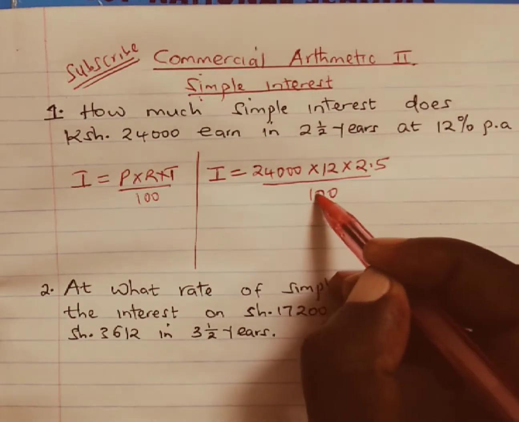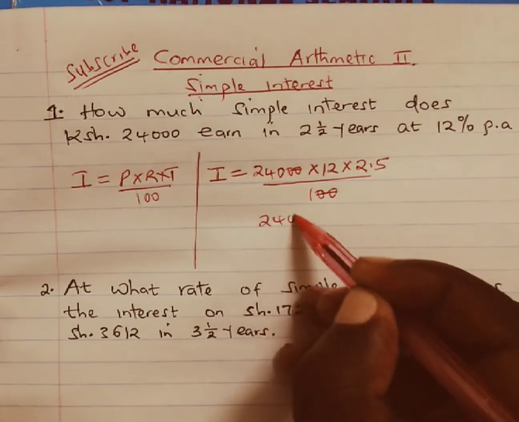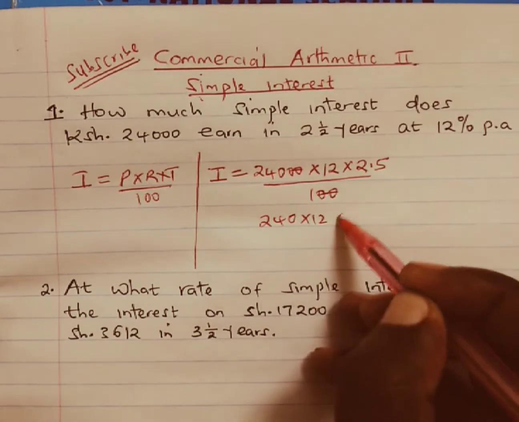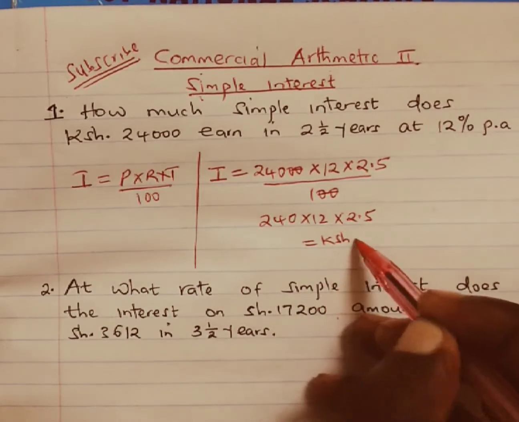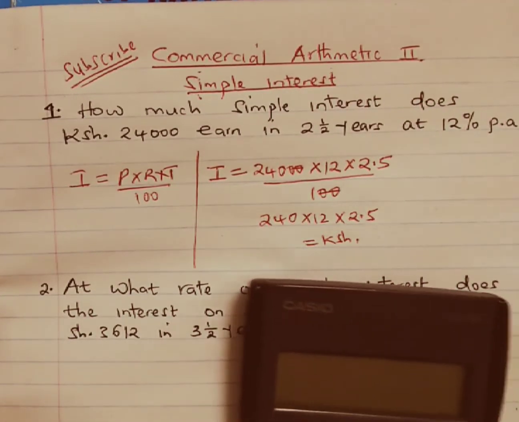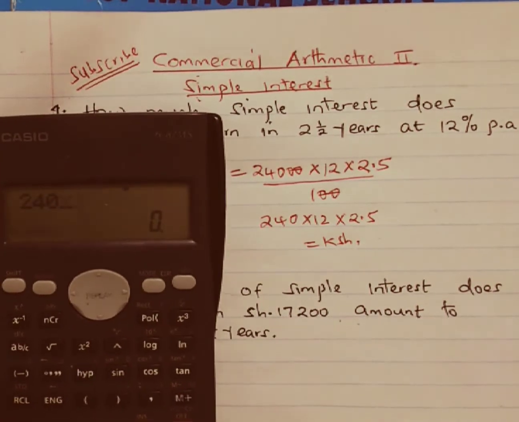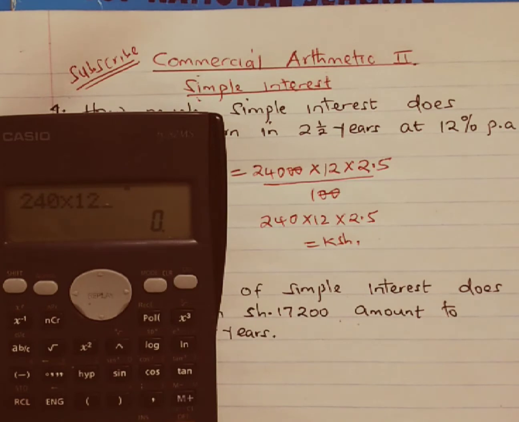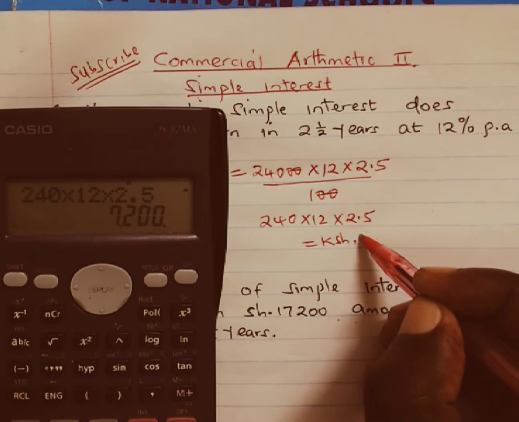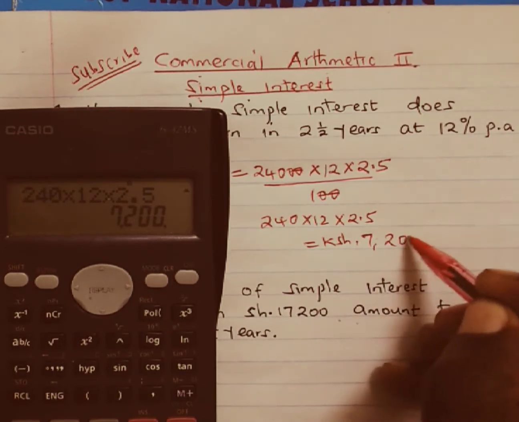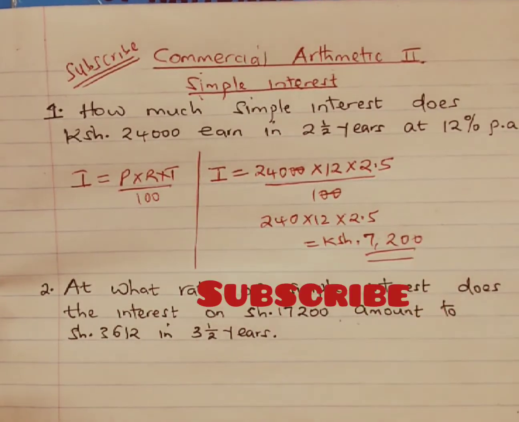And in this case, the two zeros will go with two zeros, such that we have 240 times 12 times 2.5. We can use a calculator to do that working. So we have 240 times 12 times 2.5, and this gives us an amount equal to Kenya shillings 7,200 as our interest.